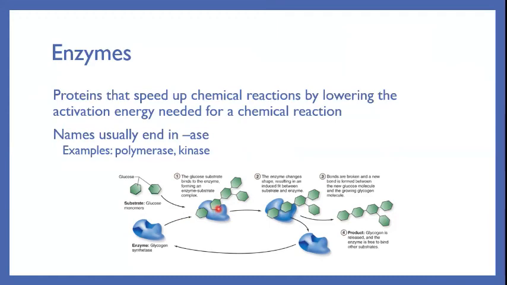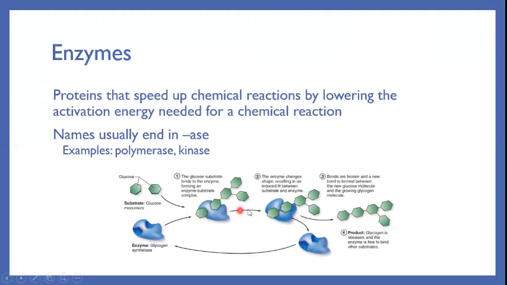And when it does so, it binds those two glucose molecules together, forming another section of that glycogen. Then it releases them and goes off to do it again. Grabs two more monomers of glucose, binds them together, lets it go.